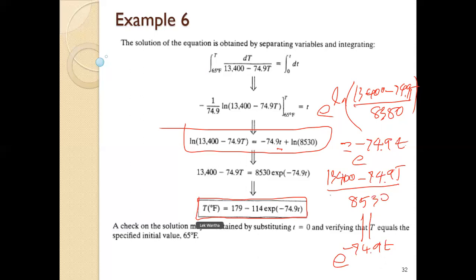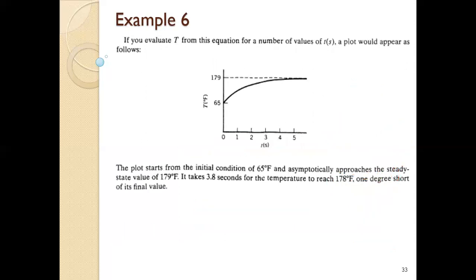This is the unsteady solution. You get temperature as a function of time. When time increases, the temperature will increase. Look at the plot of temperature and time. You start from 65 because at time 0, T equal to 65.